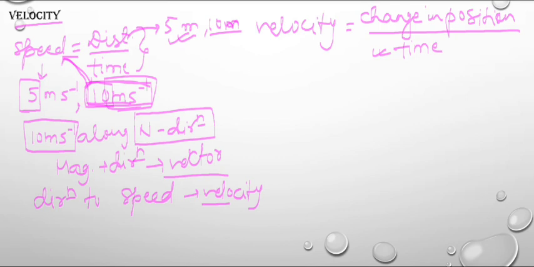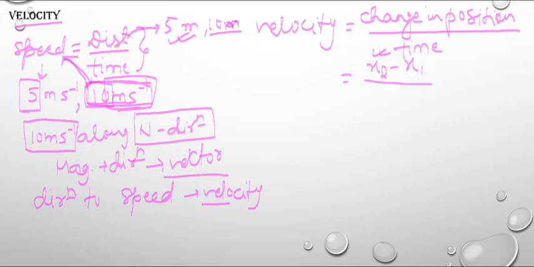Now, change in position we have studied in the first video of this motion chapter, that displacement is defined as the change in position. So change in position means, let us consider the object's final position is x2 and the initial position is x1. So change in position means x2 minus x1.